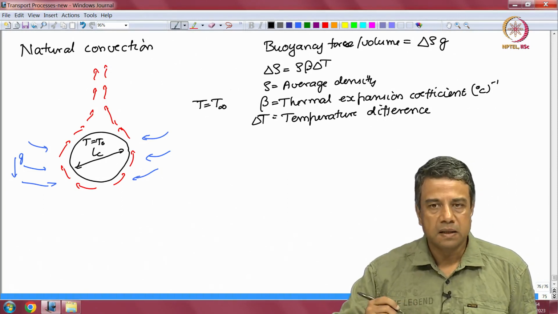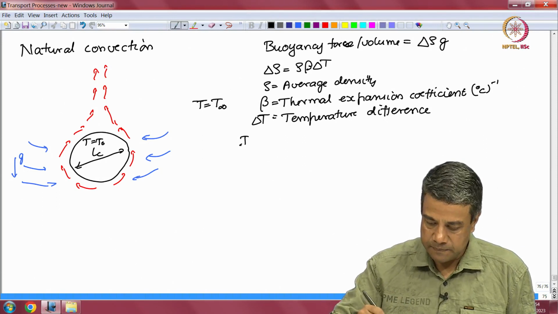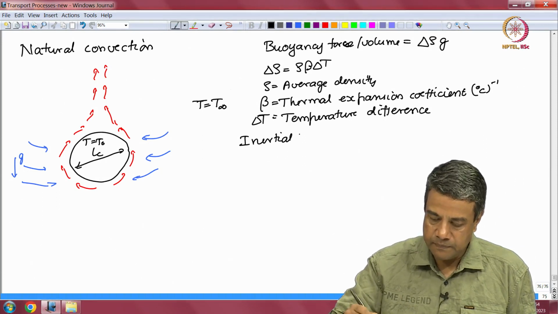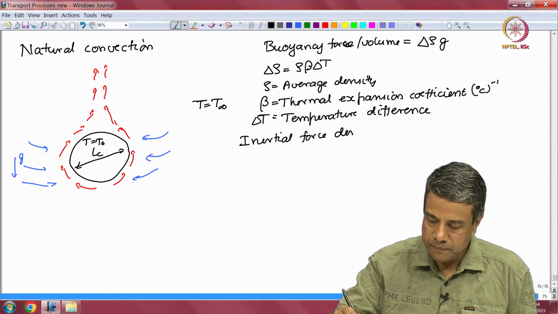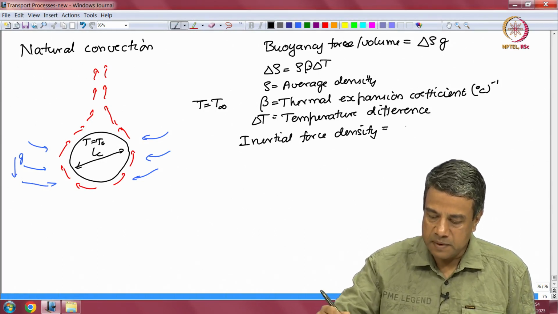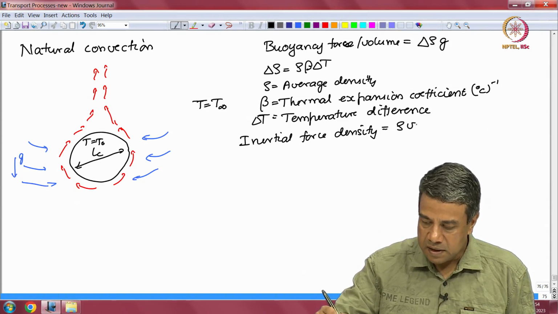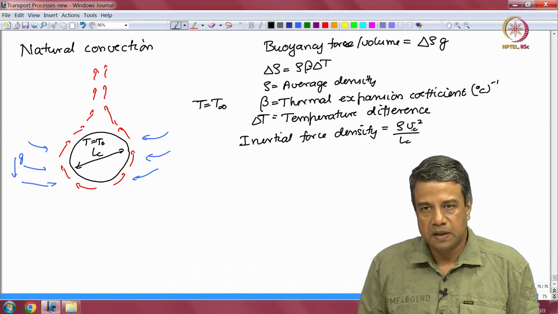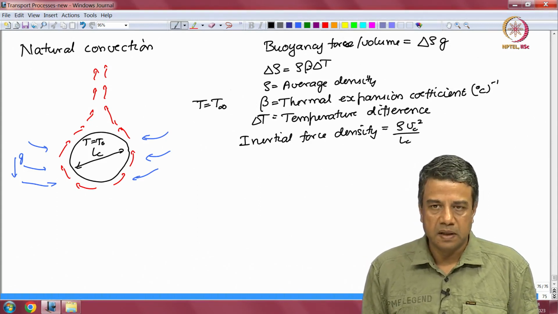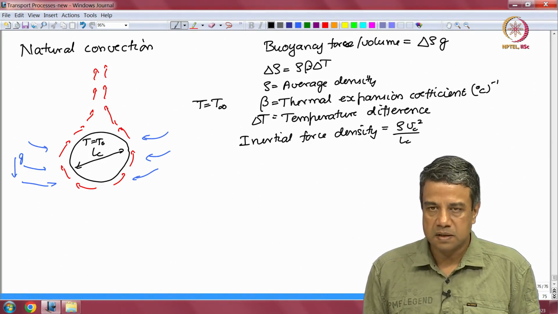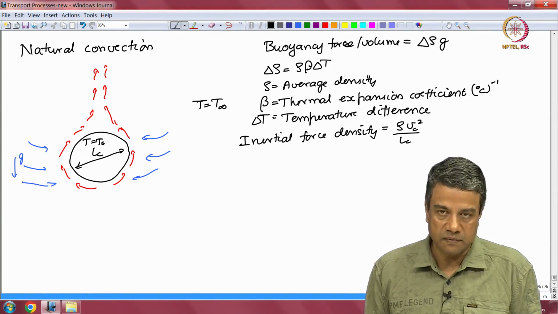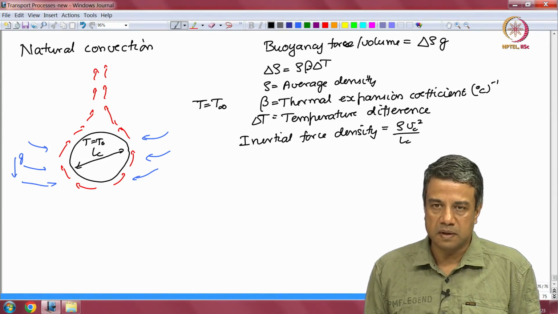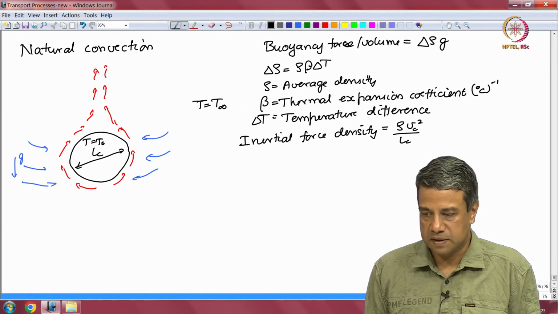So, what is the inertial force density? This has to be equal to the density times the characteristic velocity square divided by the characteristic length. You can see that this has the same dimension as a force density, mass per unit length per unit time. Force density is the force per unit volume, so it is mass per length power minus 2 and T inverse.